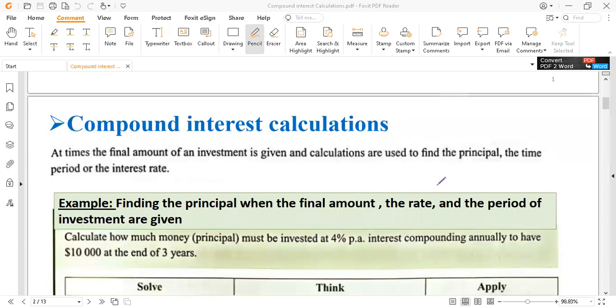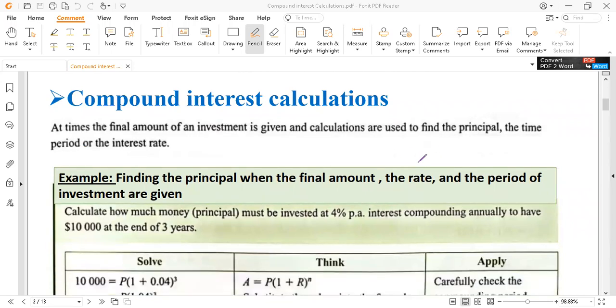So what are we going to do in this session? Sometimes we have some known values and we want to find the unknown.